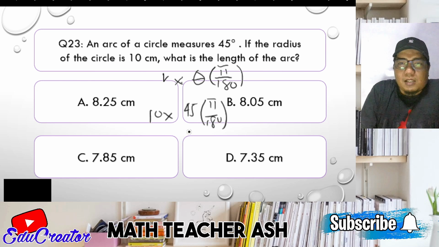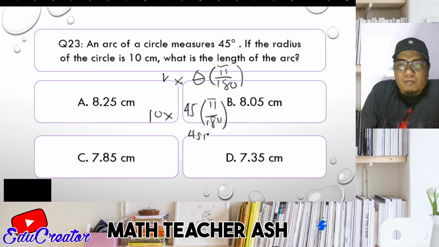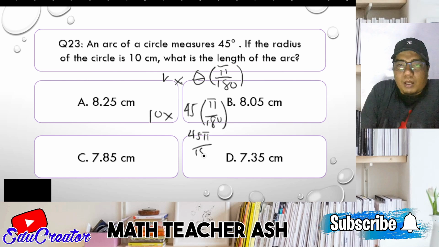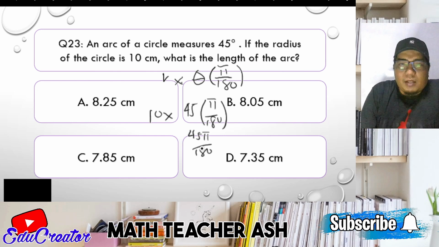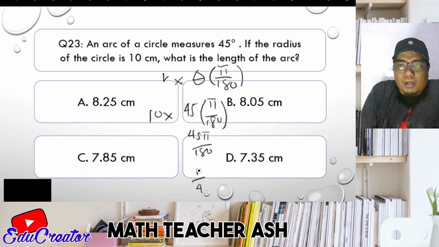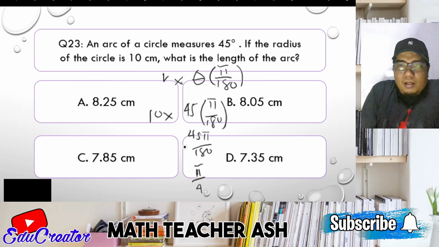What comes out is 45 pi over 180. If we simplify this, 45 over 180 is 1/4. So it is 1/4 pi, times 10.